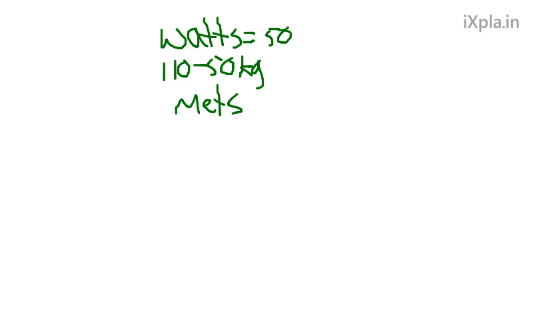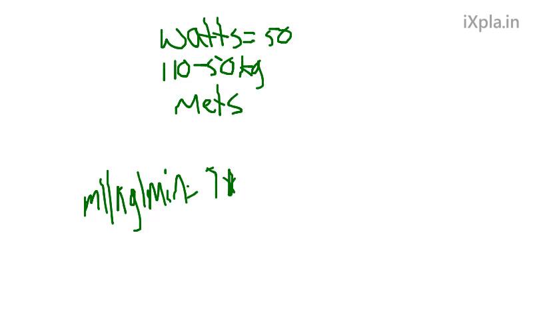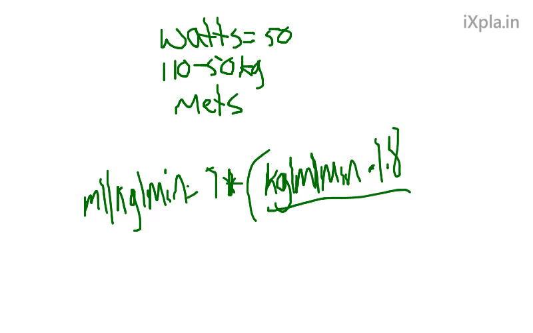Now, it's the same formula. So we'll say relative VO2, milliliters per kilogram per minute, 7 plus kilograms meter per minute, the same formula, times 1.8 over her kilograms, she's 50. You have to find this. If you remember from, okay, we're walking down the stairs.